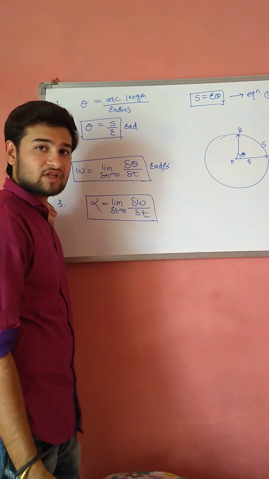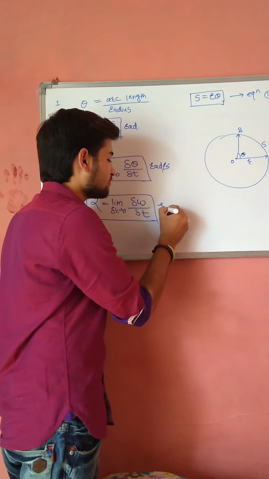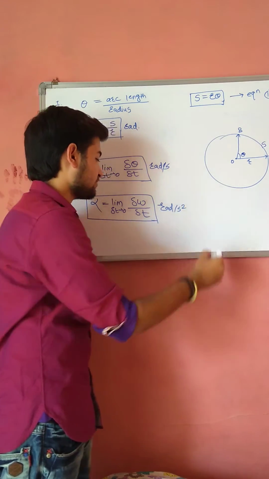The unit for angular acceleration is radian per second square.